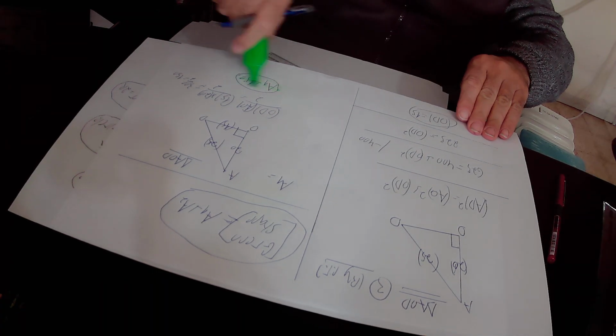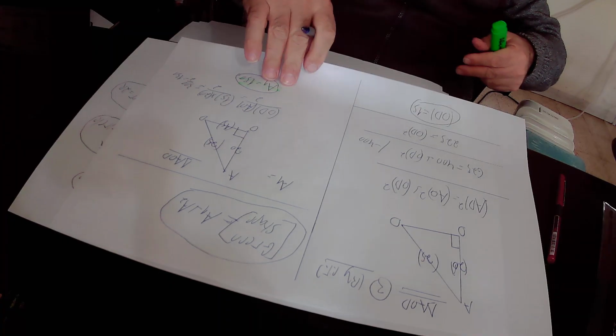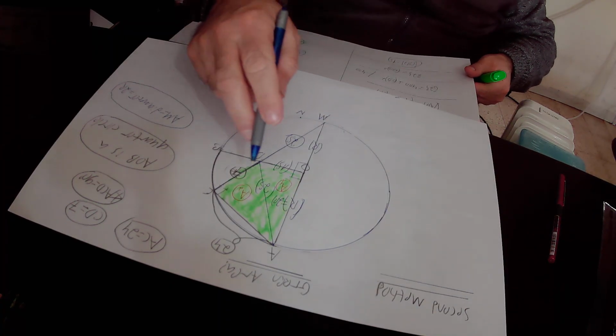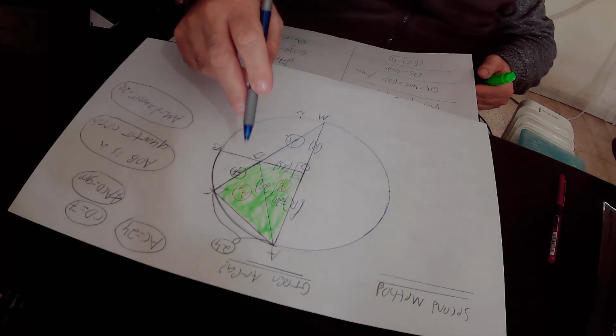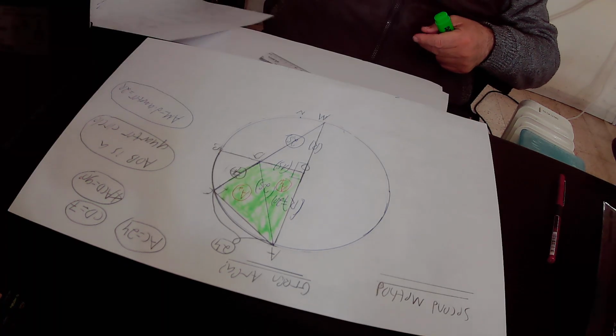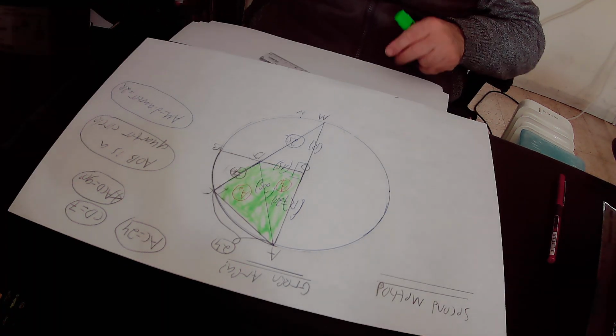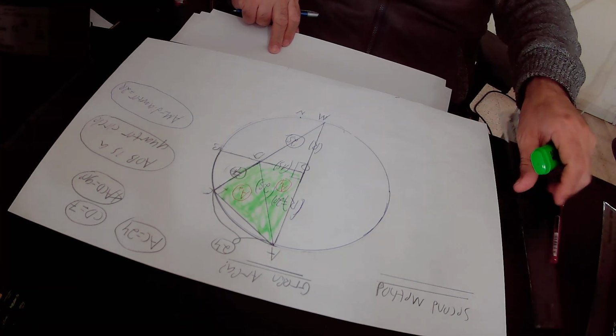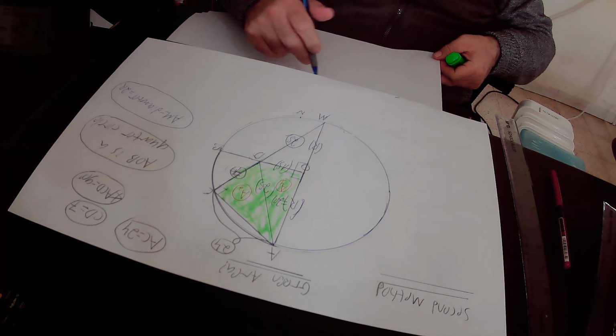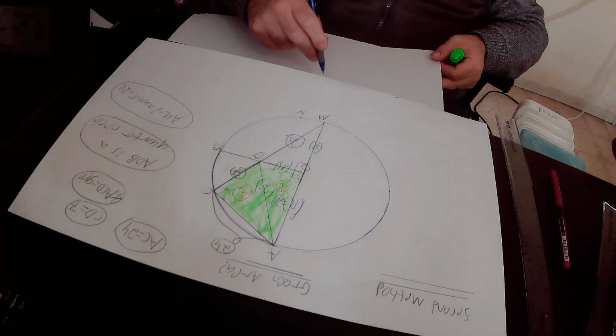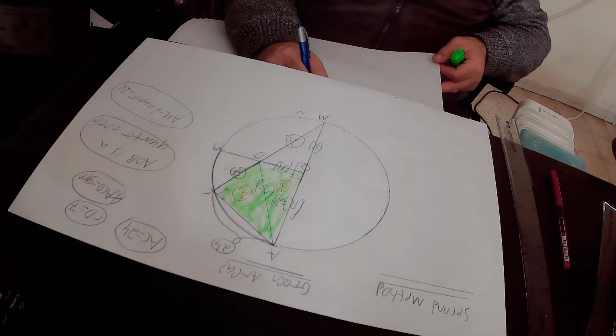In the next step, we'll find out the value of A2, that is the area of the green right triangle ACD. So I'll copy the green right triangle in a new page, and we'll find out the area of this green right triangle, triangle ACD.